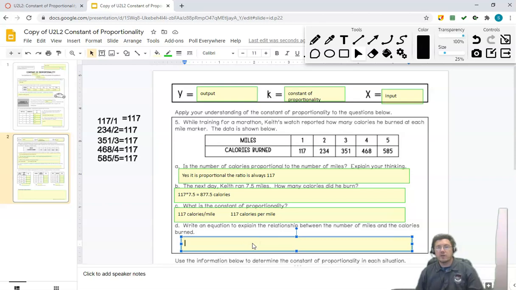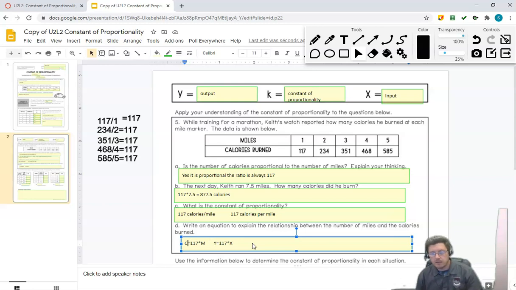Now, rather than using y and x, I might use m for miles and c for calories. So c equals 117 times m. Or you could write y equals 117 times x, where y represents calories and x represents miles.